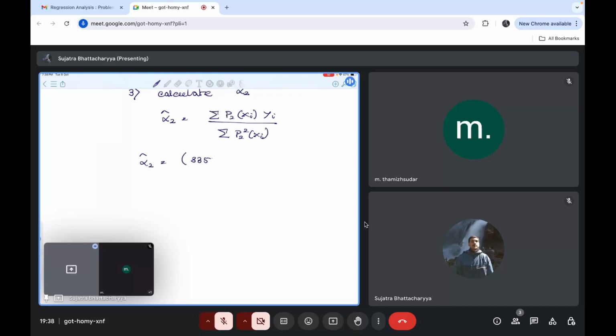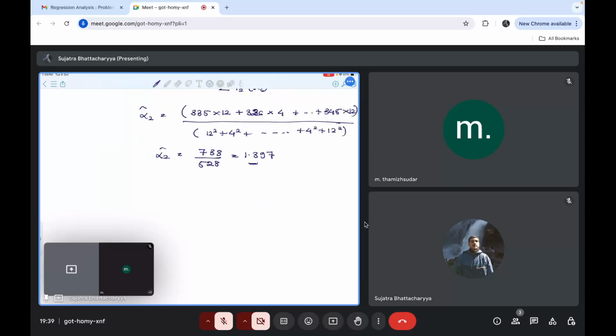So it's 335 into 12 plus 326 into 4, and so on up to 345 into 12, divided by 12 square plus 4 square plus, and so on up to 4 square plus 12 square. Once you do it, you get 738 by 520, which comes out to be 1.39.